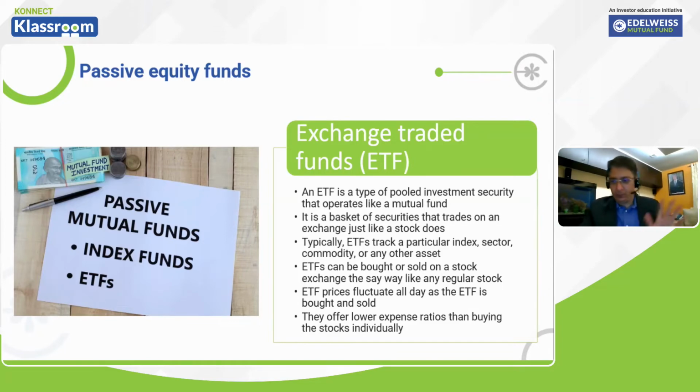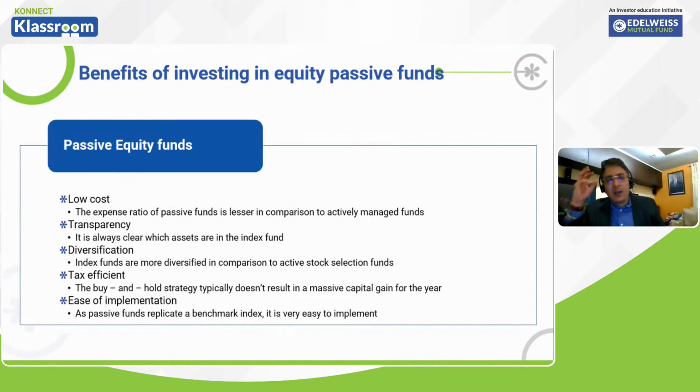From there I could choose to invest in an ETF. Just to reiterate some of the key benefits of investing into passive equity options: the operating cost is low, the expense ratio is low, because of which it is low on cost. It is well diversified. Over here, you are replicating the entire benchmark.